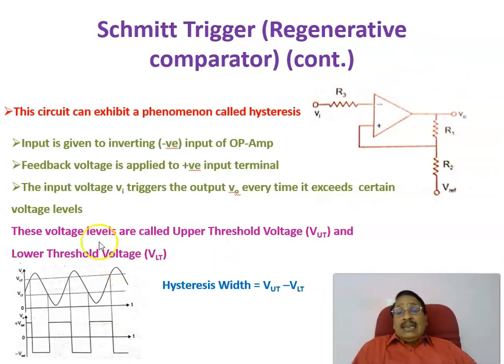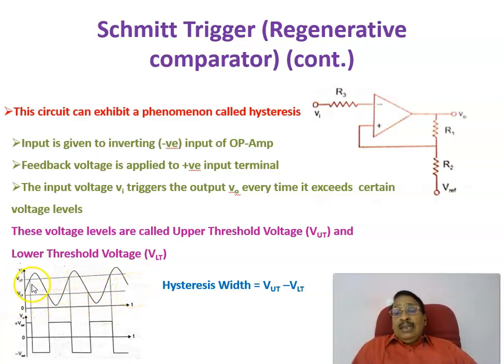Now let us analyze this. There are two voltage levels, which we call the upper threshold voltage and the lower threshold voltage. Assume this sinusoidal signal is the input voltage, and there will be two voltages defined: this is the upper threshold voltage, and this is the lower threshold voltage.